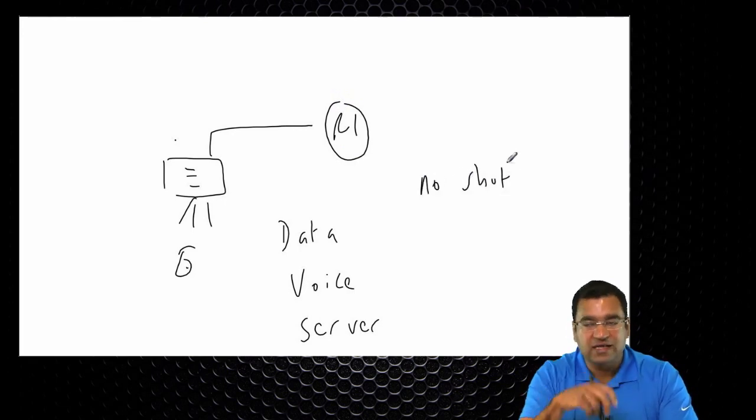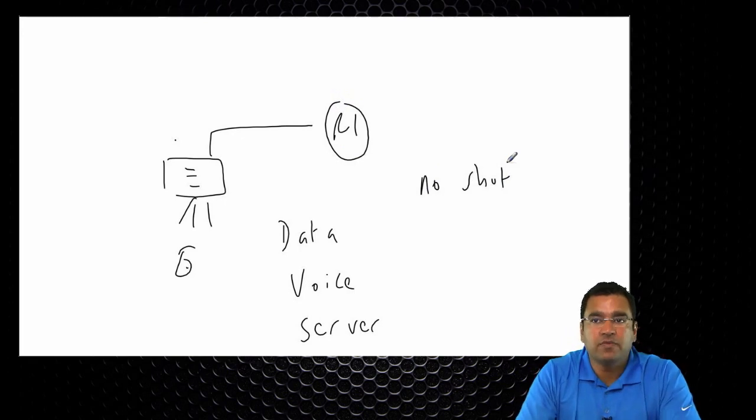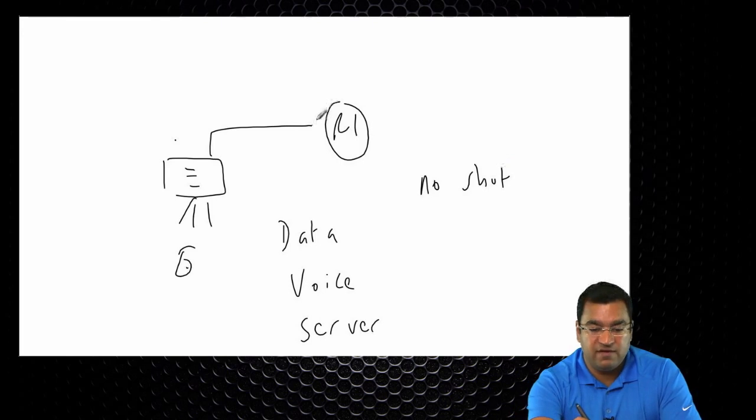Okay, I did a class about a month ago, and in my base configuration, for the first time in years, I just decided to leave the interfaces shut down, the fast Ethernet interface there, or the gigabit interface here.